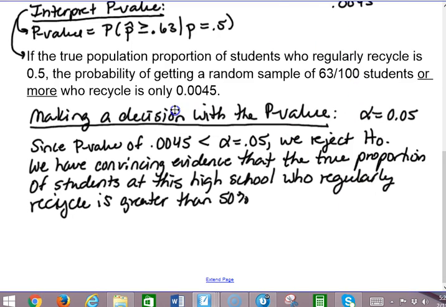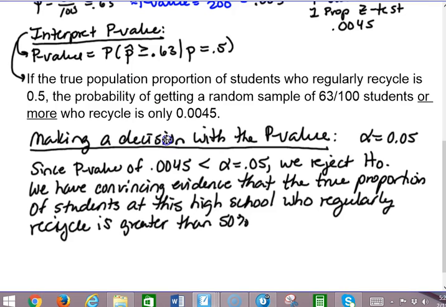So this is interpreting the p-value, this is making a decision with the p-value, and the decision follows directly from the meaning of the p-value. We're saying this is an unusual occurrence given our hypothesized population. Since it's unusual, we're going to say our hypothesized population is probably not correct.